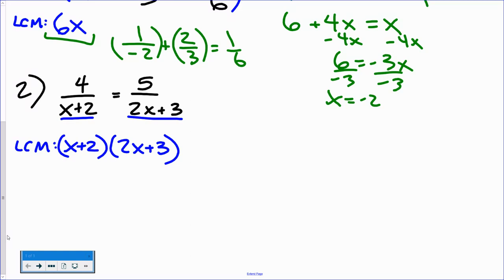We've been talking about adding and subtracting fractions recently, so I'll have students that will get this mixed up because you're finding least common multiples, but I'm doing different things with them. I don't need to find a common denominator. I need to get rid of my denominators. So I'm multiplying this whole equation by x plus 2 and 2x plus 3. I'm allowed to multiply both sides to get rid of denominators because it's an equation. I have something to balance out on both sides.